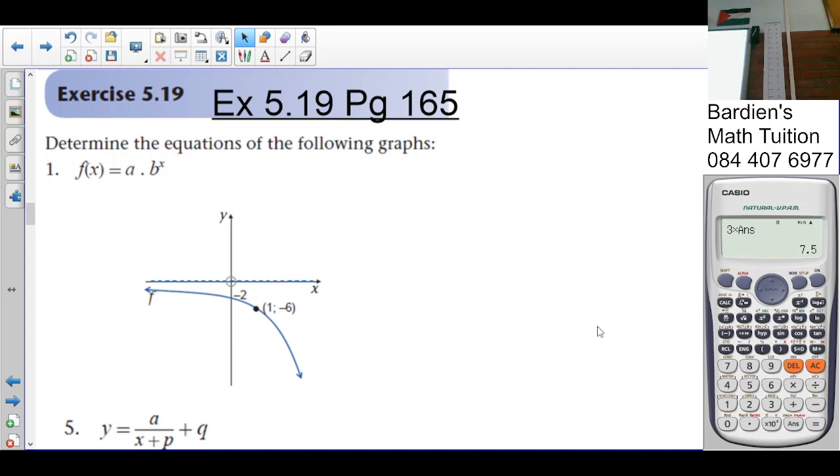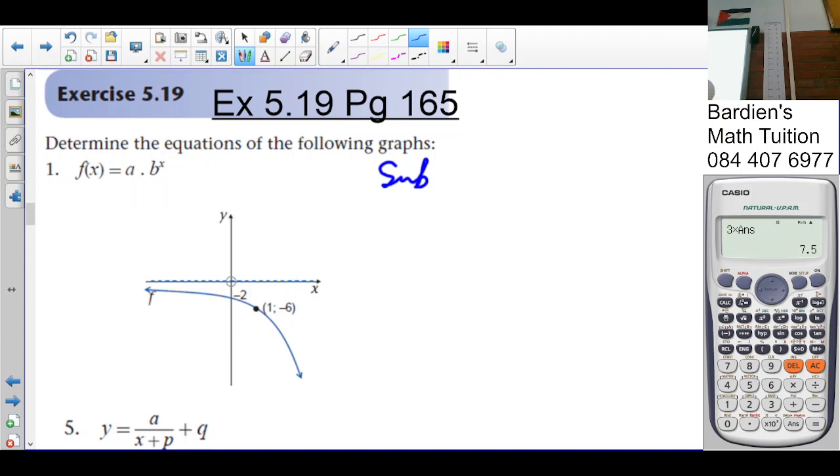I take it you guys are done with the first one? Yes, okay. So let's go with the first one quickly. What do you notice? We have a horizontal asymptote here, which means to say your q value is 0. Which is already sorted at this point. So what do I do now? You can substitute.